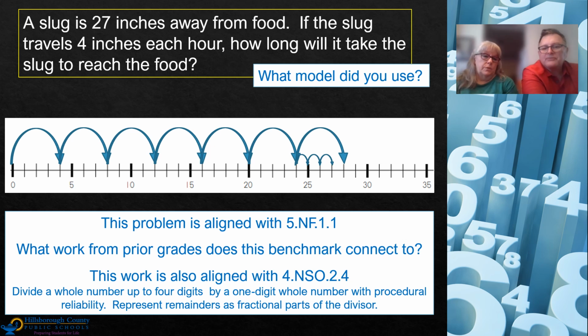Right. So in the 22-23 school year, we're going to have to maybe fill the gap a little bit. But next year, students are going to come with this understanding, and the idea that even with whole number division, I can represent the remainder as a fraction, like 3/4. This problem could have fit even in the 4th grade benchmarks. Yes, exactly.